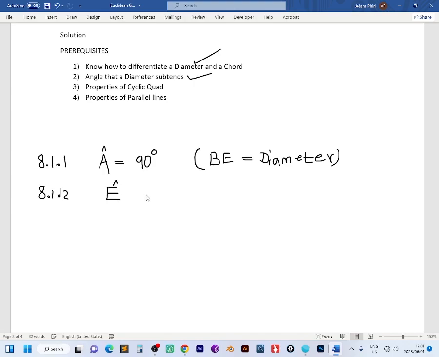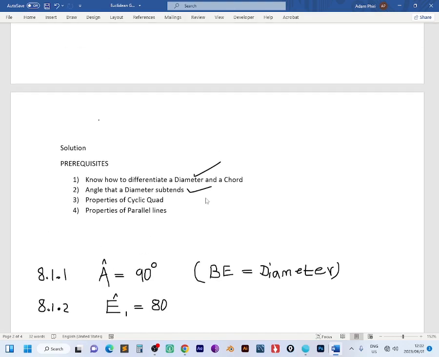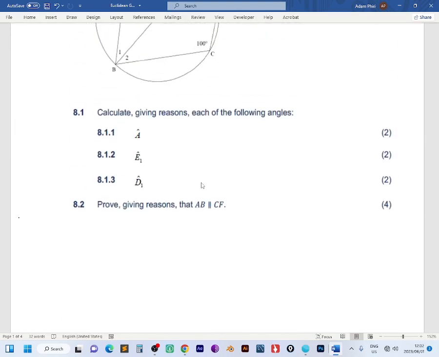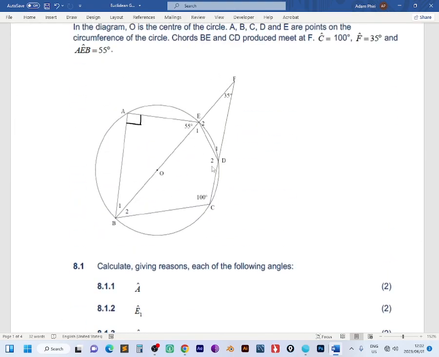They want us to solve angle E1. So angle E1 there will be equivalent to 80 degrees. So let us go find out our reason. Our reason in there: E1 will be opposite angles of the cyclic quad, so that we see that is 180 degrees.